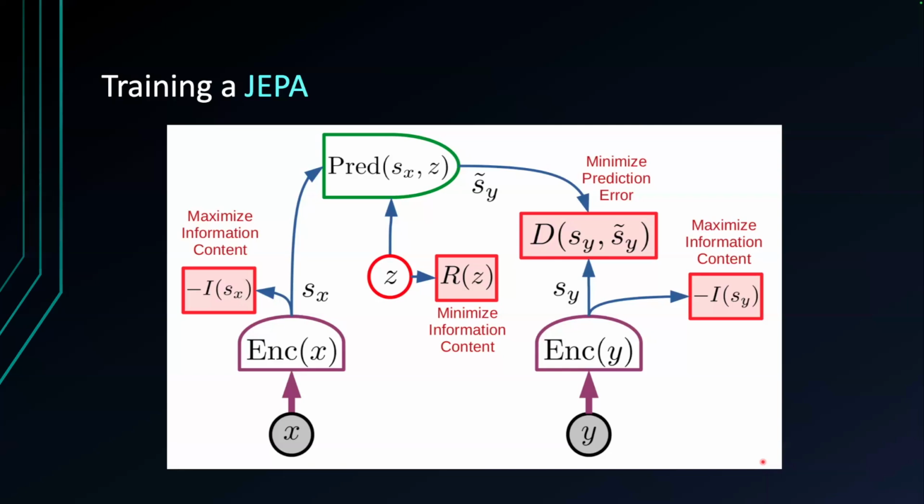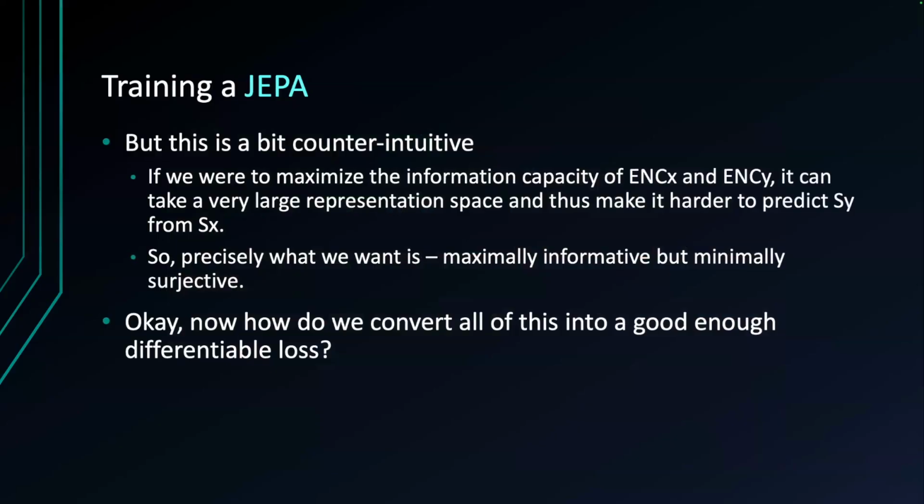Now, there is a counterintuition right here. If we were to maximize the information capacity of encoder X and encoder Y, they can take a very large representation space.